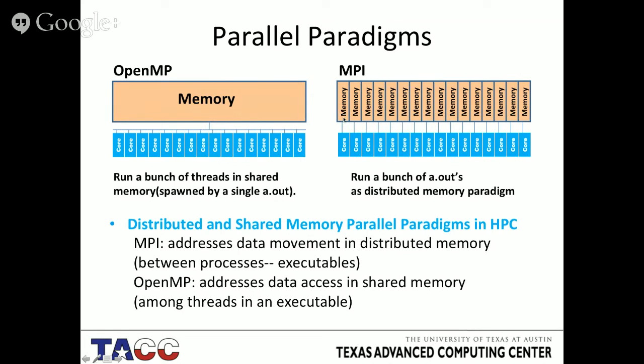I have that one a.out that's an MPI code, and I run multiple threads underneath that. Those threads share the same memory space. You can then send a message from inside there to, say, another node as one aggregated send.